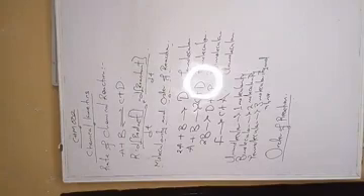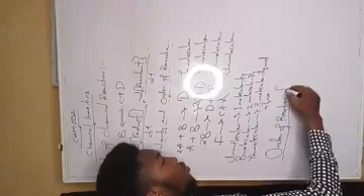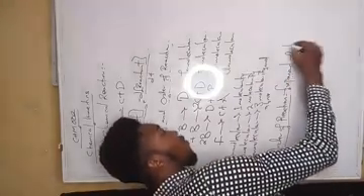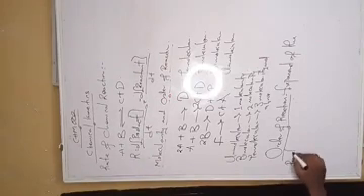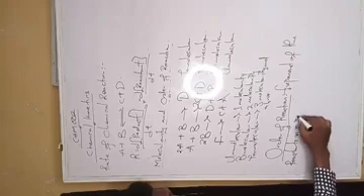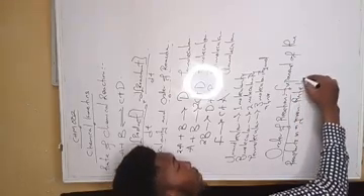So your order of reaction is the exponent of the reactant in a given rate law expression.